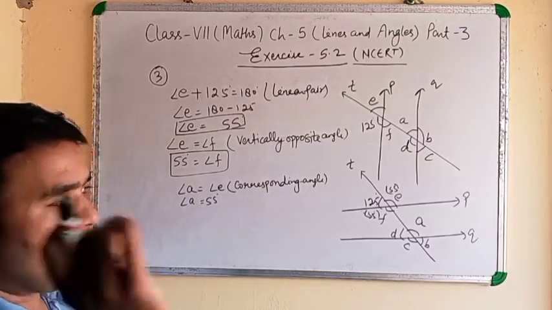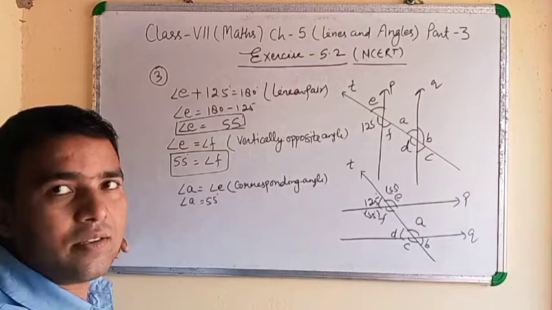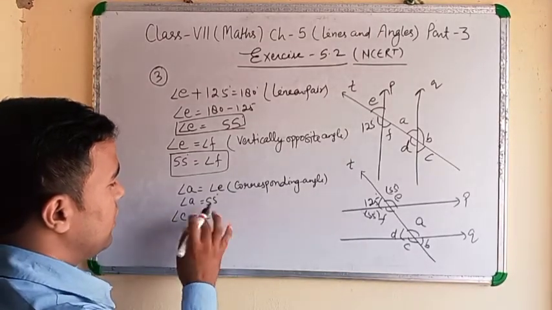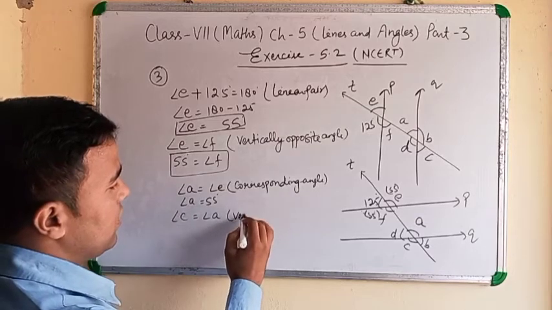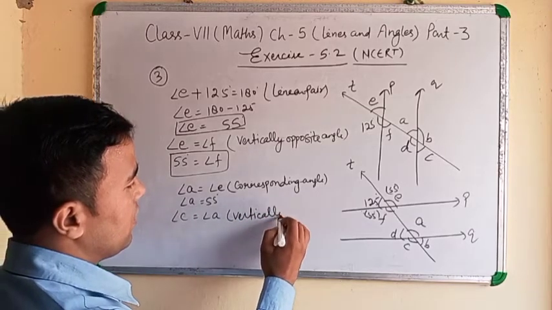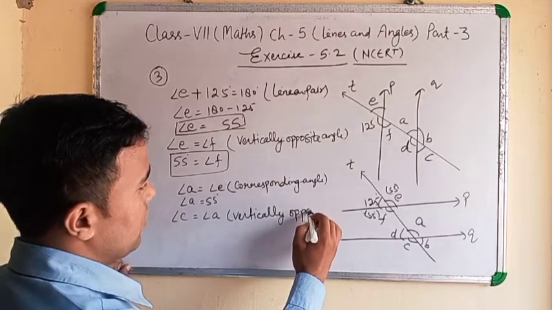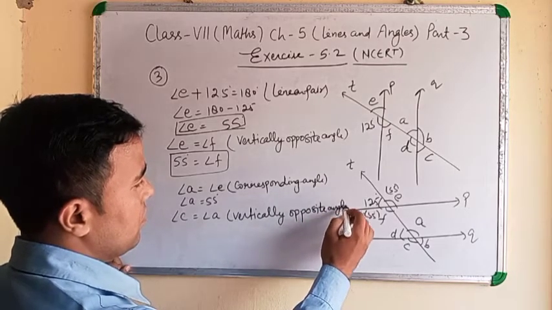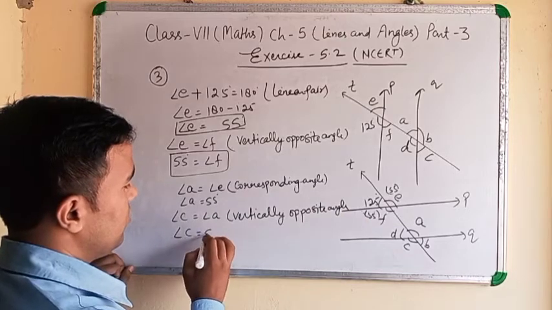Clear? Angle C equal to angle A, vertically opposite angle. Vertically opposite means angle C equal to 55.